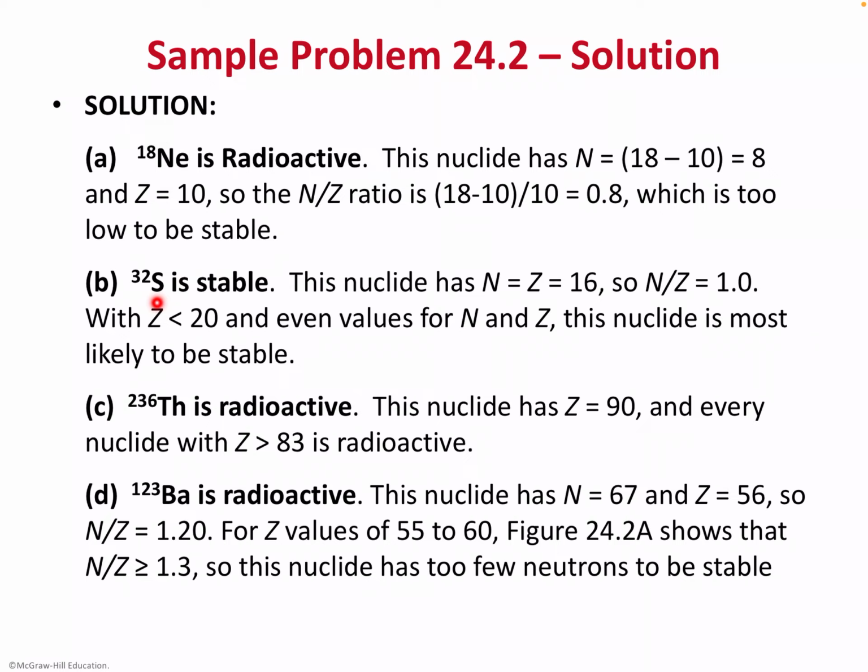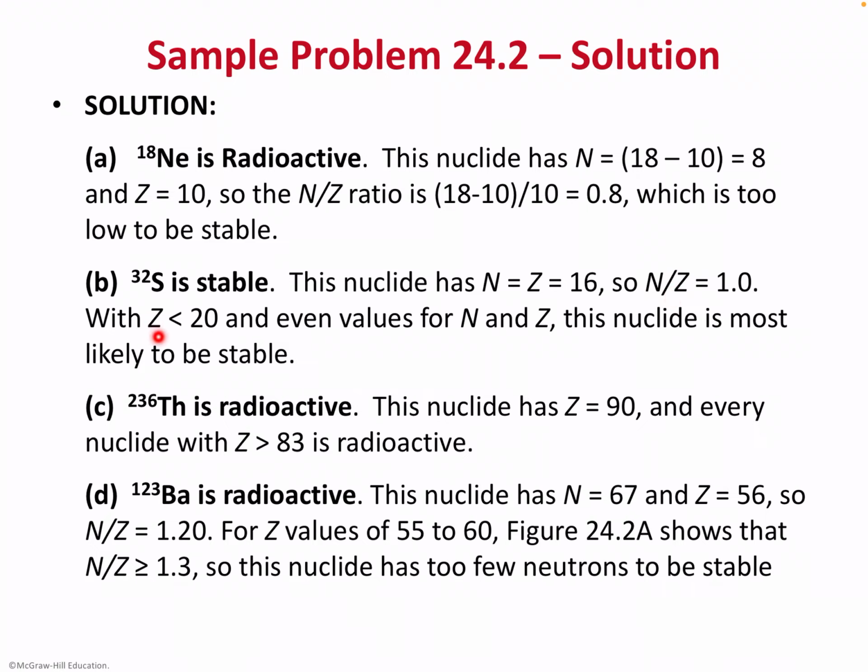And then the second one, sulfur 32. Here 32 is the mass number, and the atomic number for sulfur is 16. So the number of protons is 16, and neutrons would be 32 minus 16, which is 16. So this nucleus has N and Z both equal to 16. So the N over Z ratio is 1.